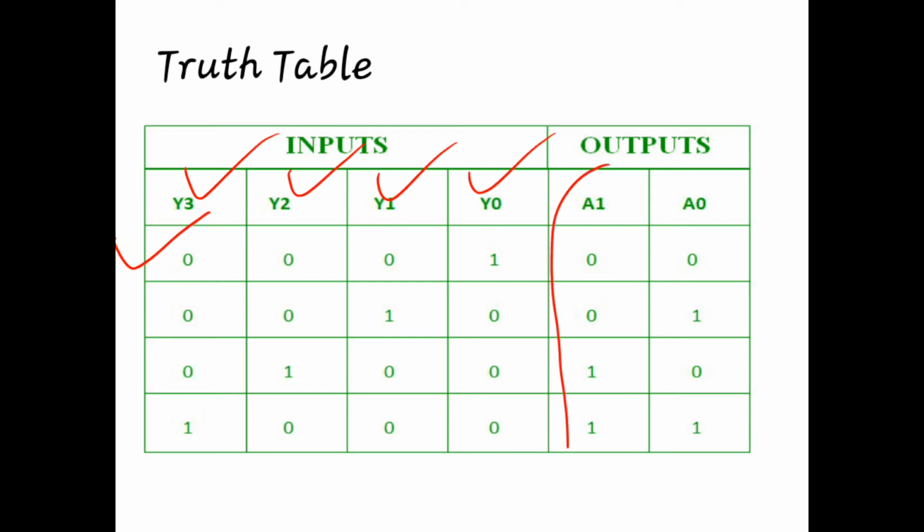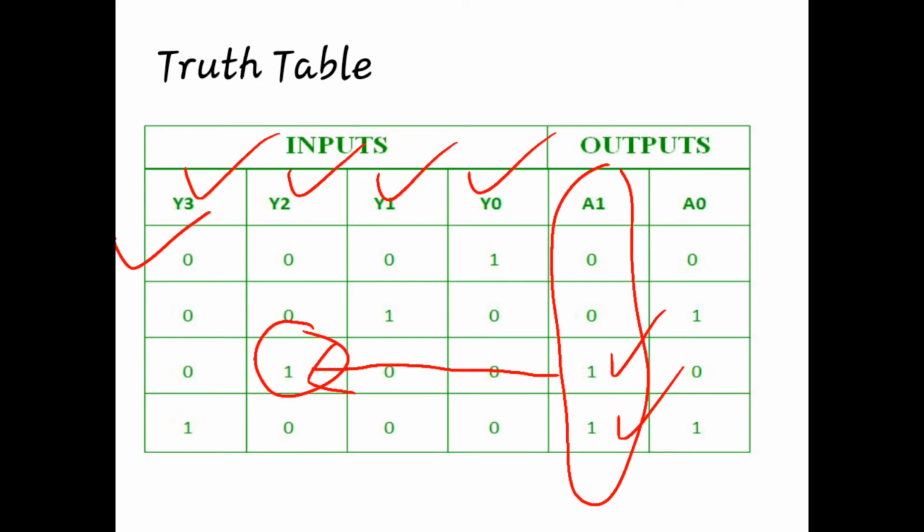Just like the previous case, observe this column, it is active here and here, high in these two rows. Corresponding to these two high values, let us observe the inputs. The first input is y2, and in the second case y3.